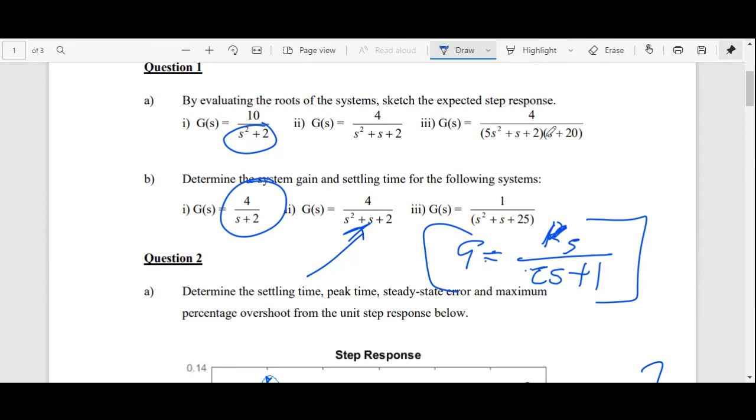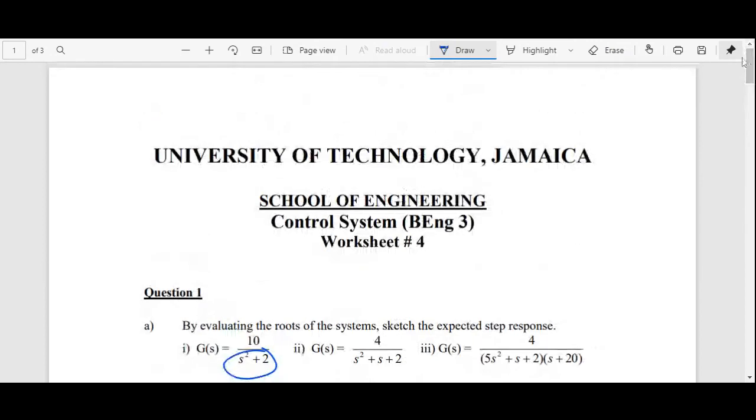Let me just bring up the page so you can see where I'm talking about. To answer your question quickly, it is all the content of the unit that speaks to system response analysis.